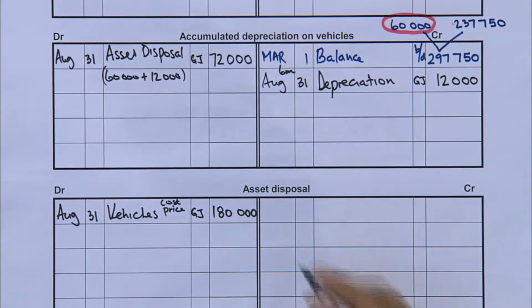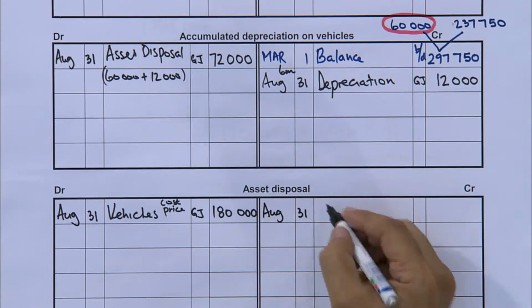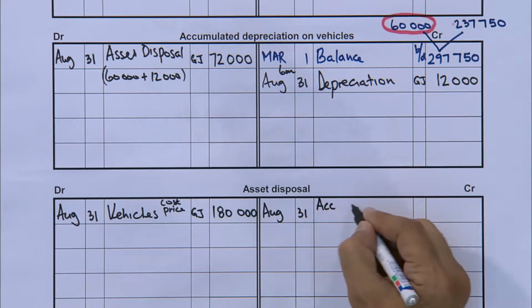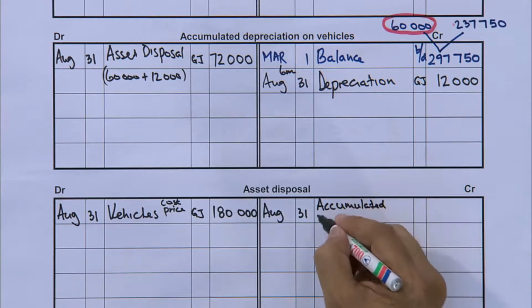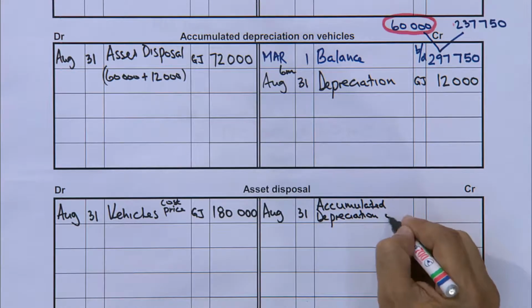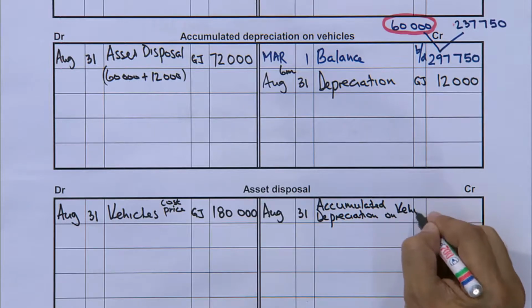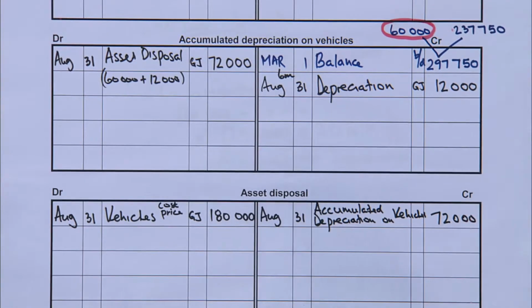Right, then all we have to do is follow the double entry. So we'll have accumulated depreciation on vehicles, 72,000. Okay.